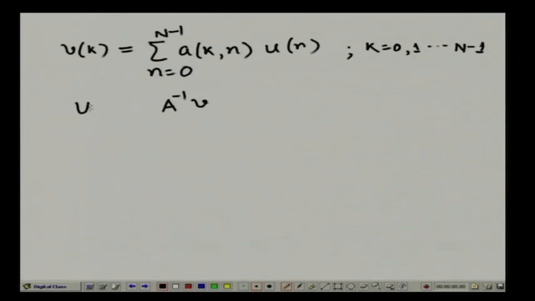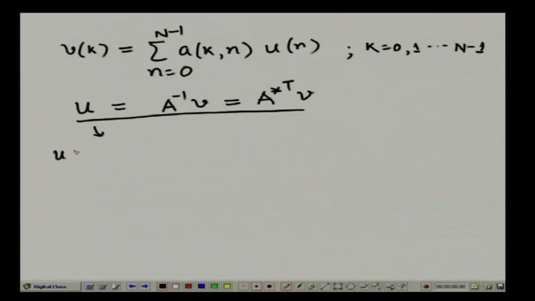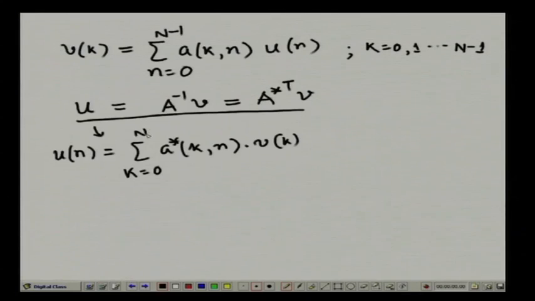This should give me the original vector u, and because this is a unitary matrix, A inverse V will be nothing but A conjugate transpose V. If I represent this same equation in the form of a series summation, it will come out to be u(n) equal to the sum of A star(k,n) times V(k), where k will now vary from 0 to N minus 1, and this has to be computed for all values of n varying from 0, 1 up to N minus 1.